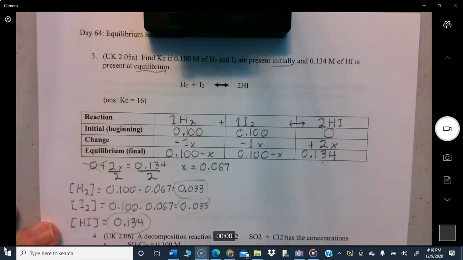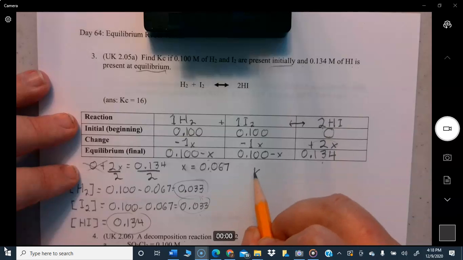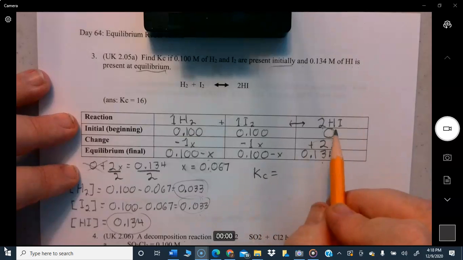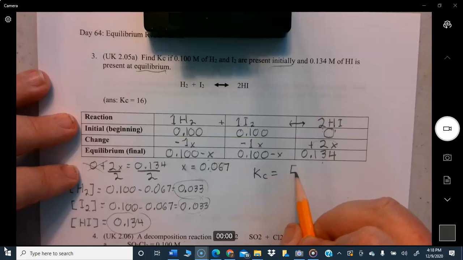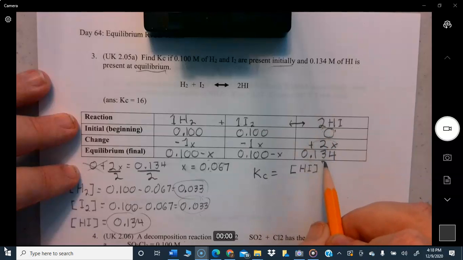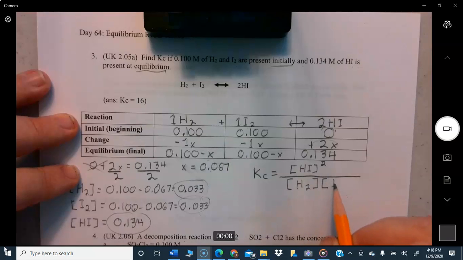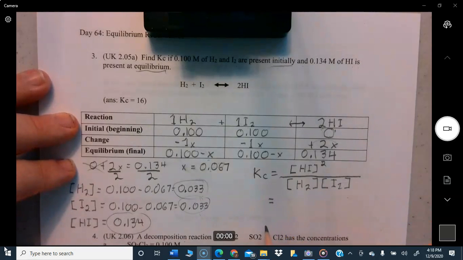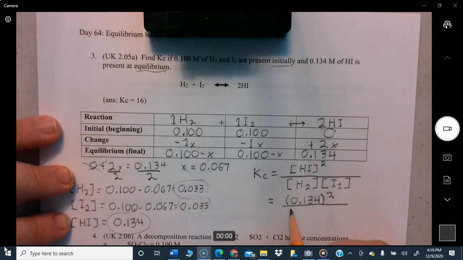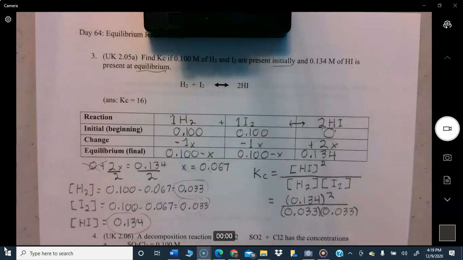Okay, so write the law of mass action and then plug those numbers into it. I'm trying to find Kc. There's our product that goes on top, and it's squared. The reactants are to the first power. Now plug in the numbers and calculate that.